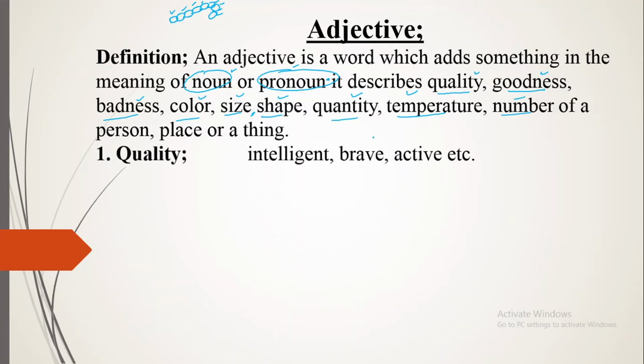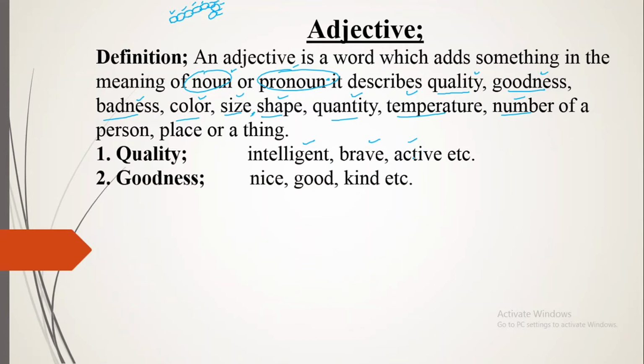Now, the first example we have for that is quality. Intelligent, brave, and active are the adjectives which describe quality of a person, place, or a thing, or of a pronoun. I say he is an intelligent student, you are a brave person, and he is an active person. So intelligent, brave, and active are adding something in the meaning of noun and describing the quality.